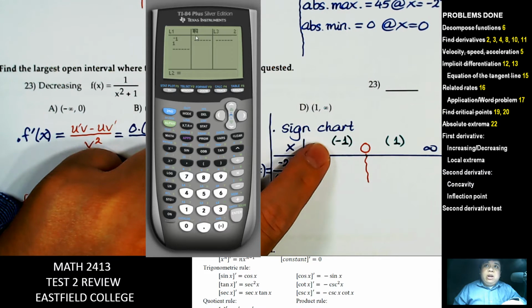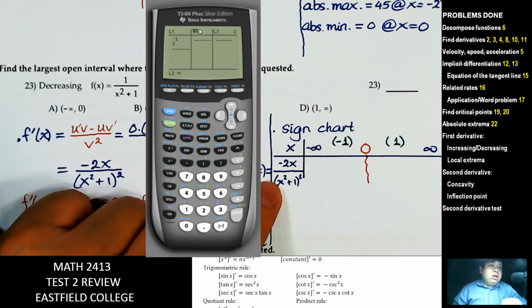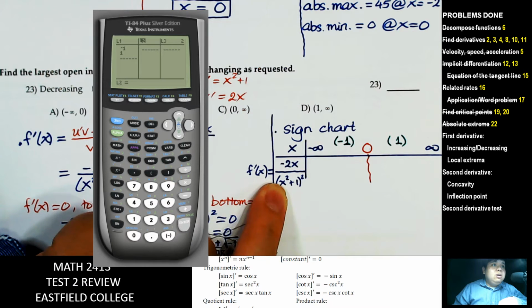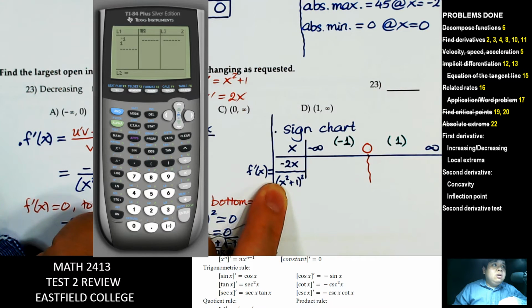Now we will evaluate the function. Actually, this is the derivative. So highlight L2 and enter negative 2 times L1 for x, divided by L1 squared plus 1, squared.